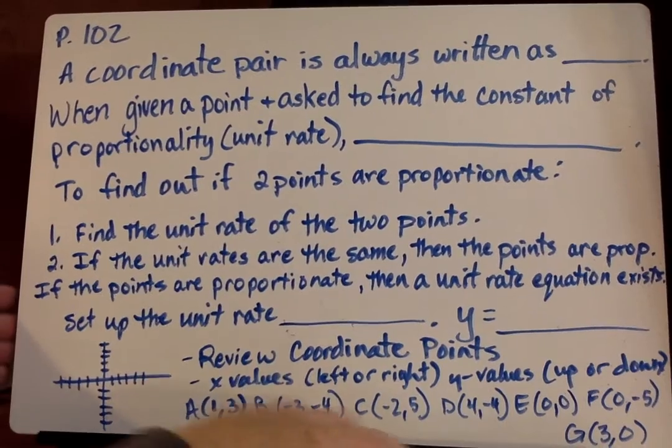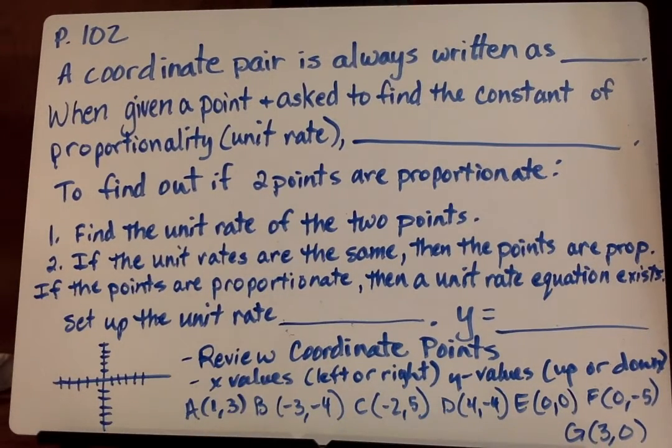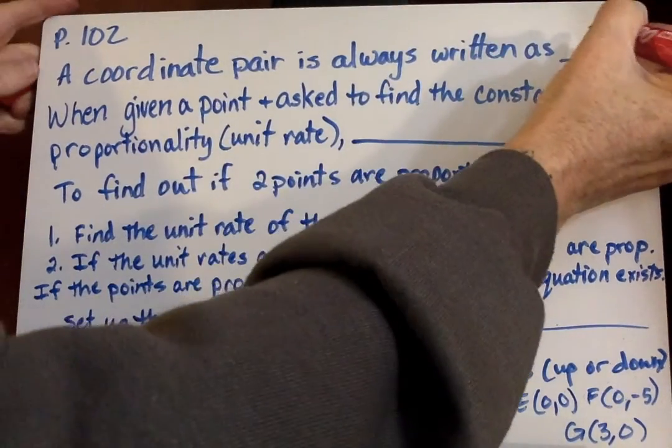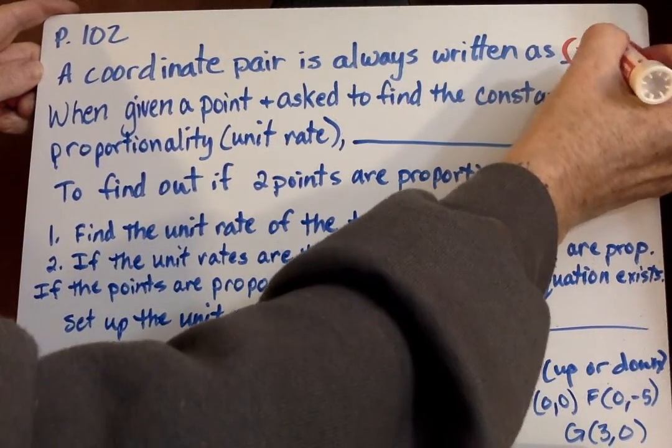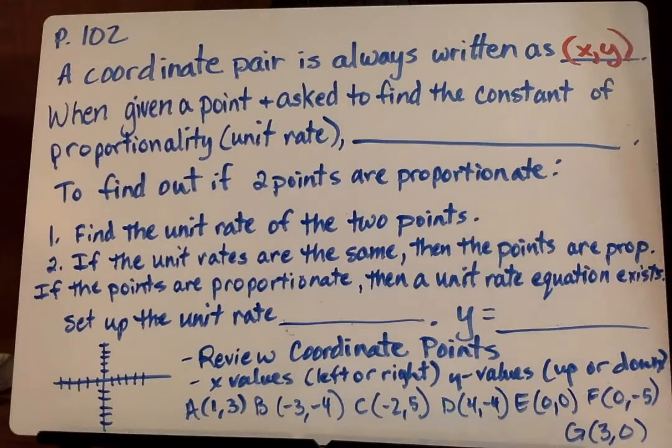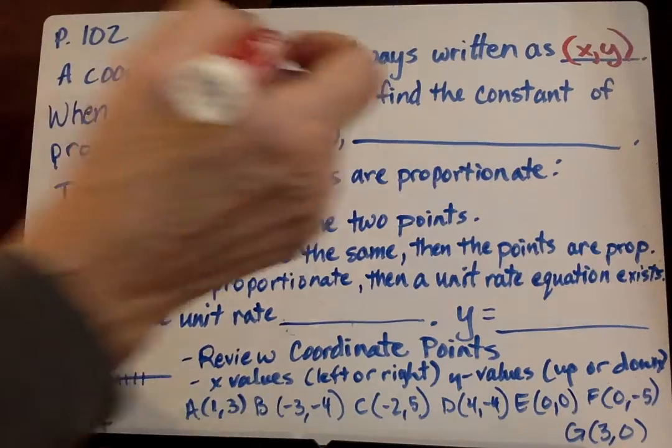A coordinate pair is always written as, and this should just be review, parentheses, x, comma, y, parentheses. When given a point and asked to find the constant of proportionality or unit rate, what do we do?